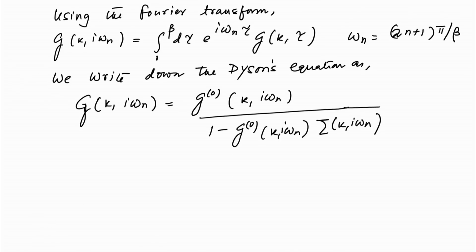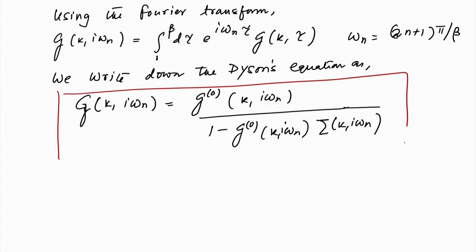So, it is exactly a similar expression we have seen, which we have derived for the zero temperature Green's function, sigma being the self energy, and for a particular case we have also seen how to compute the self energy. All these rules of writing down the diagrams, or rather sketching down the diagrams and getting out information about the scattering process, follow exactly in the same manner that we have seen.